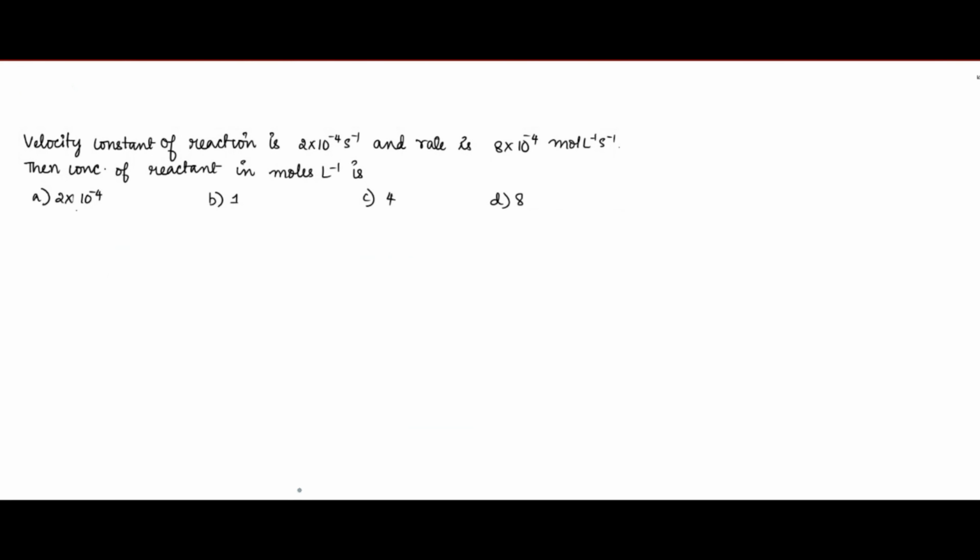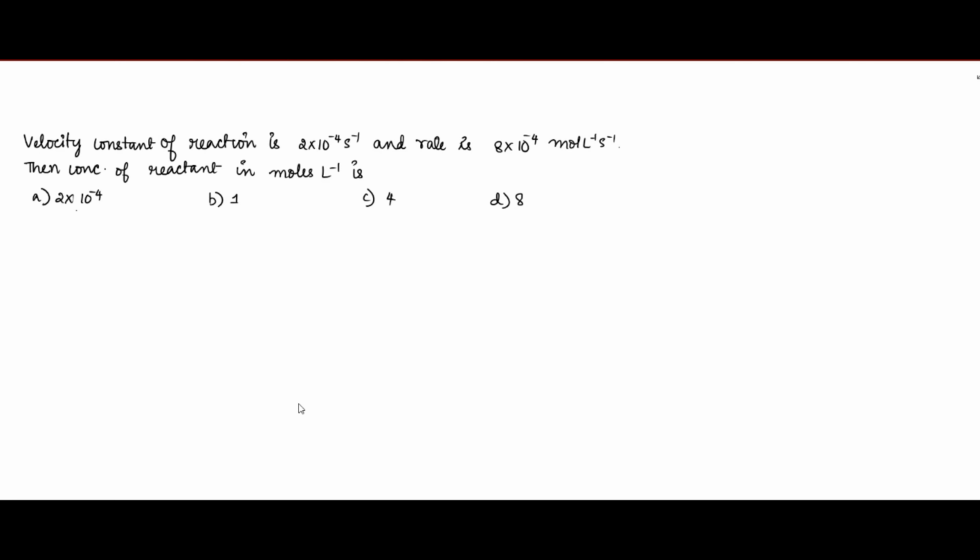The velocity constant of a reaction is, don't get confused by the change of name. The rate constant is also called velocity constant. Velocity constant or rate constant is 2 into 10 to the power minus 4 per second.